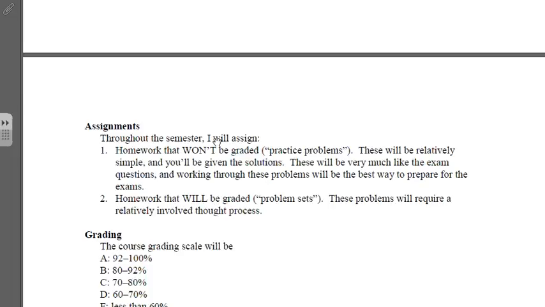So be clear on what are the practice problems and what are the problem sets. Every once in a while, someone will turn in all the practice problems on the due date for the problem set. Just try not to get confused about those. They're 2 different things.